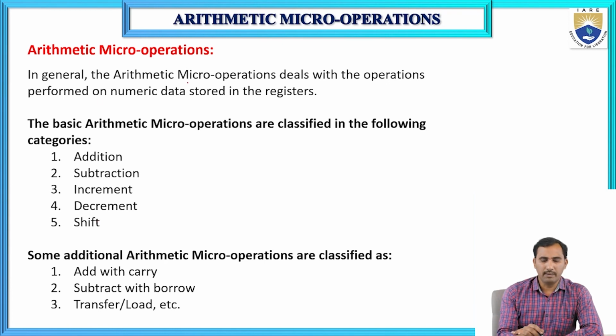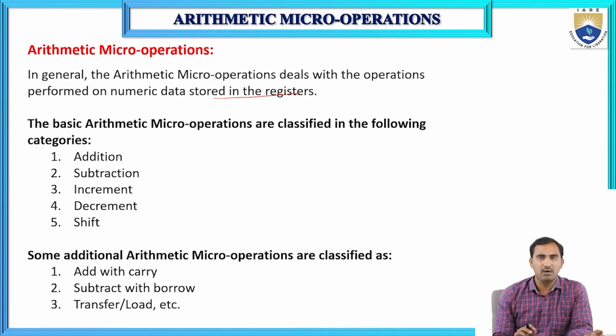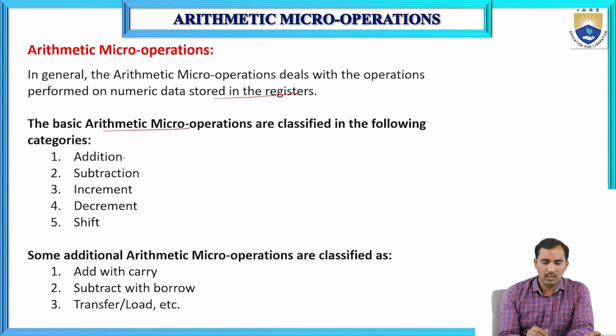Coming to the arithmetic micro operation. In general, arithmetic micro operations deal with the operations performed on numeric data stored in registers. We perform all these arithmetic operations on the data stored in the registers. Examples of arithmetic operations are addition, subtraction, increment, decrement, shift.